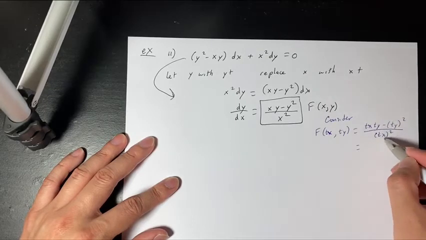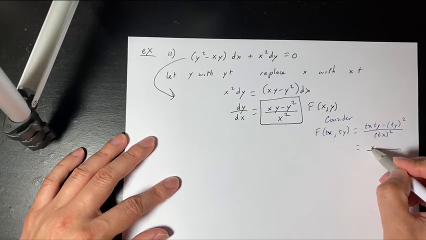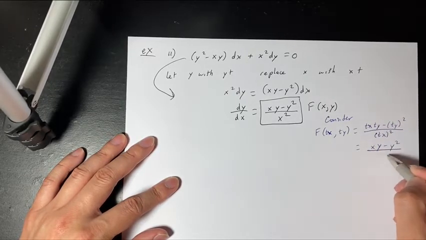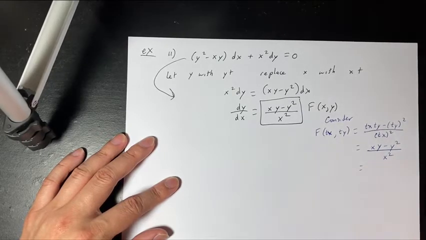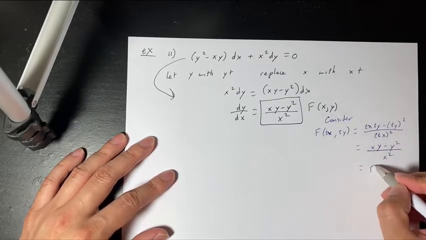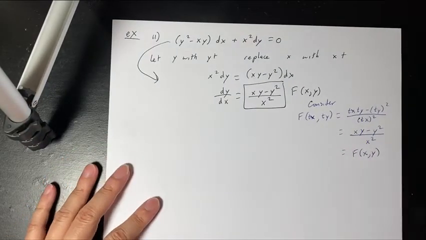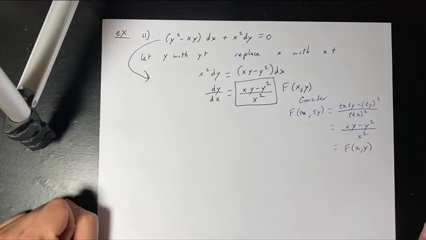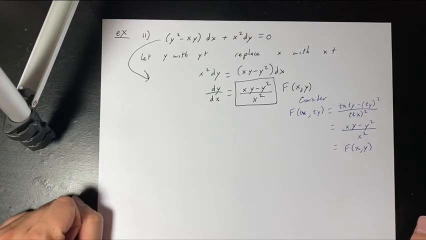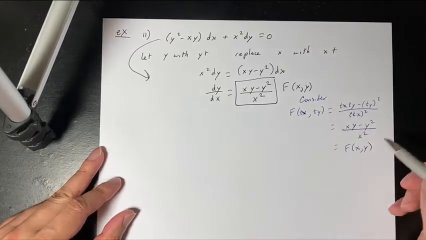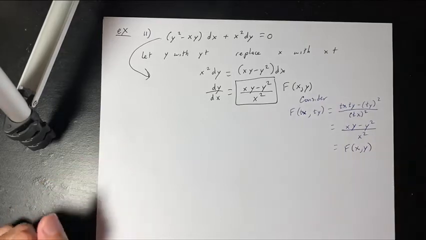There's a t squared on top with t squared on the bottom. That will cancel out, leaving back x and y, and that's exactly the original f of x, y. So it is homogeneous. Right? Scaling both x and y by t does not affect the value.